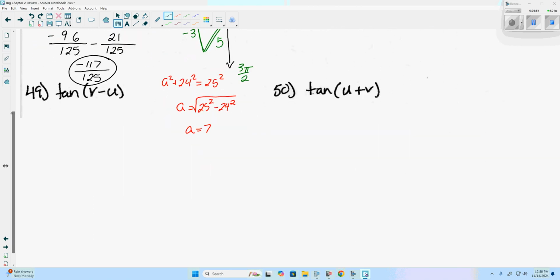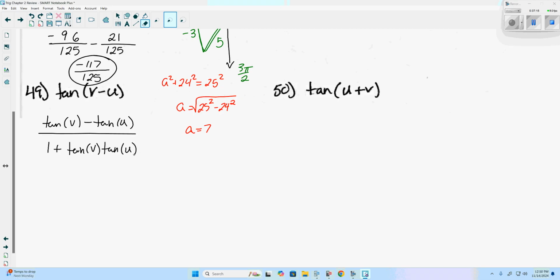Because tangent of u minus v would be tangent of u minus tangent of v over 1 plus tangent of u. Well, sorry, I have them flipped: v, u here.